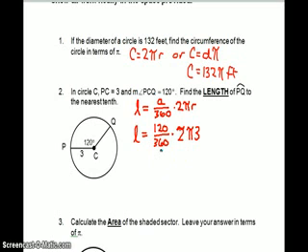And we're finding it to the nearest tenth, so we do put pi in the calculator this time. And the answer is 6.28. The nearest tenth would be 6.3, so length equals 6.3 and units. So that's our answer.